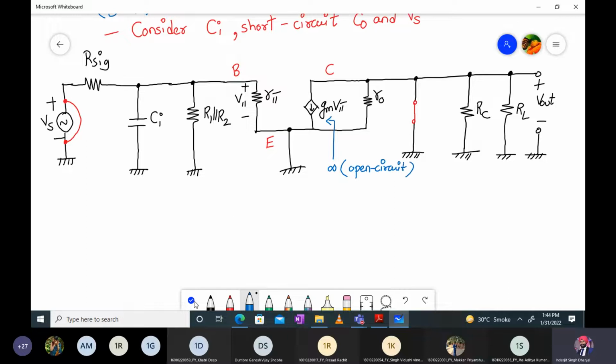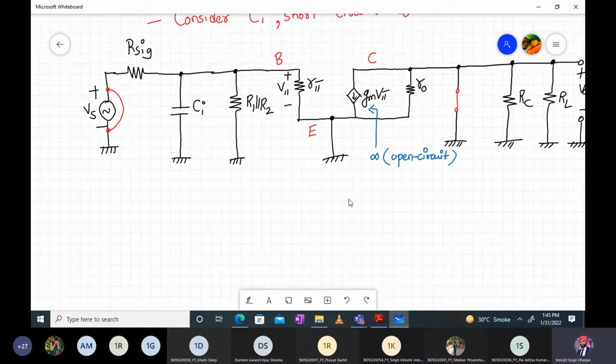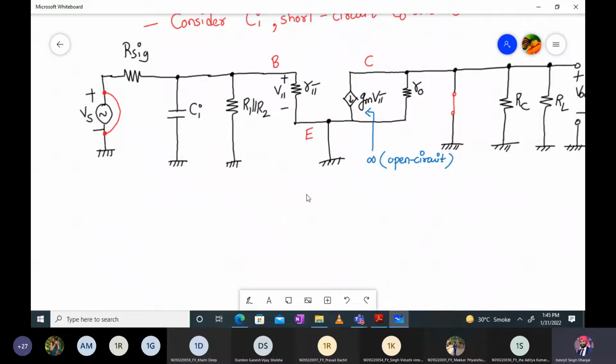So we are left with only this part of the circuit. Let me redraw it one more time. We have over here R sig, let me use the black color.